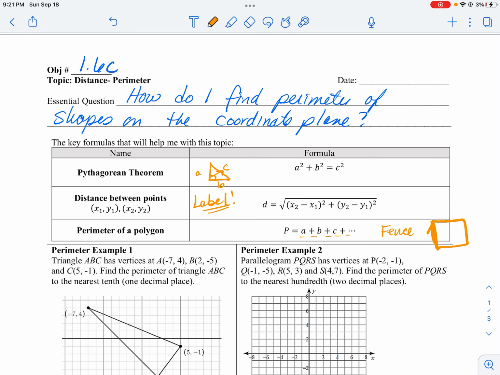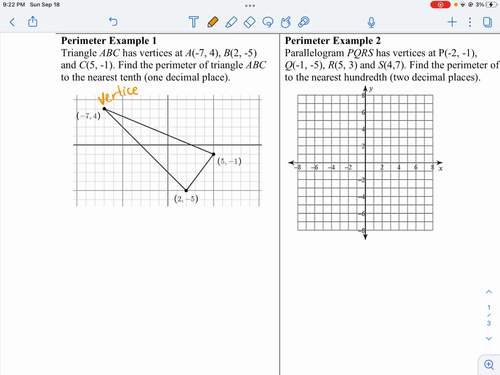We have triangle ABC. Vertices are the endpoints here. And we're going to find the distance all the way around. So as we do that, we have to find the distance of each piece.